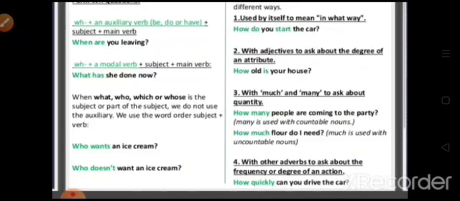So here we have seen that how can be used in what way, and the third is the degree and the attribute, and how much for material nouns or uncountable nouns. And here we can see the adverbs to ask about the frequency or degree of an action. So we can use how in different ways.